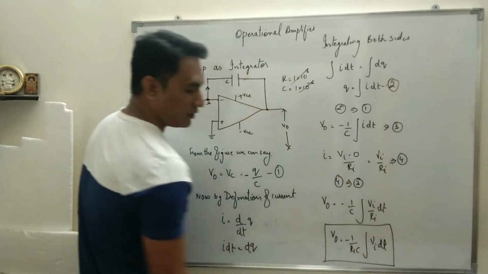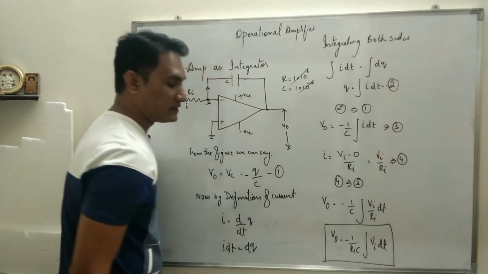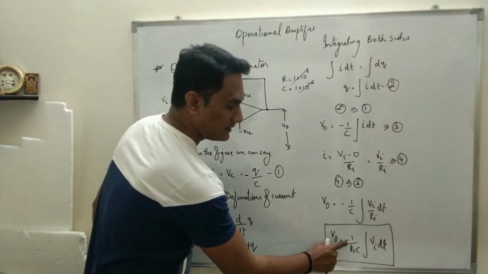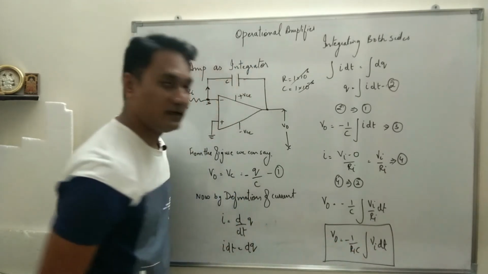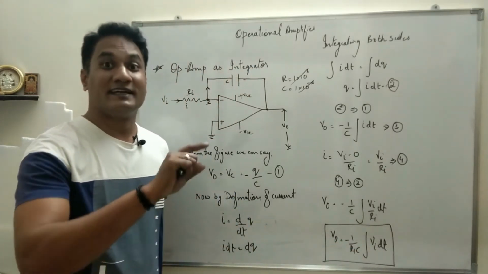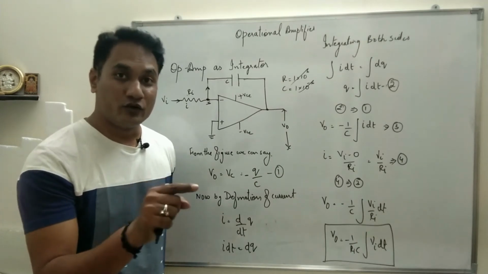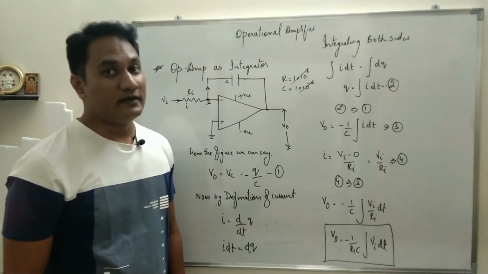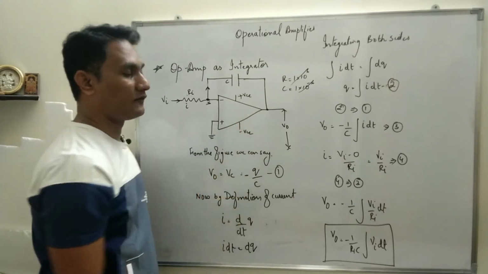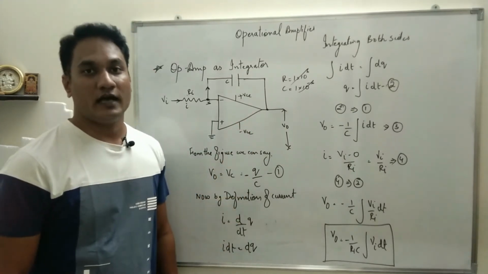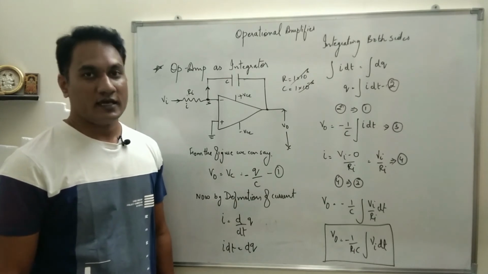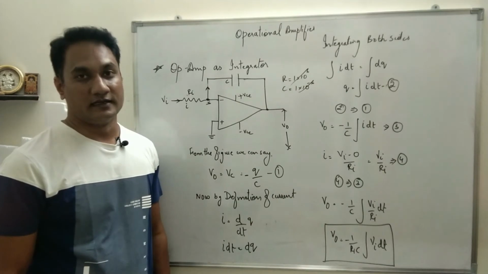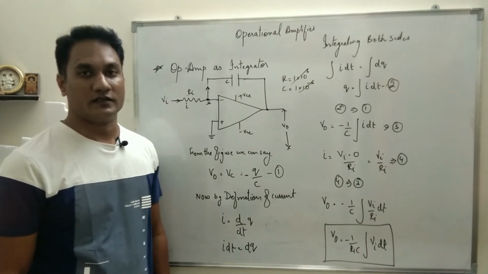So by selecting proper values of R and C, I can make sure that the value becomes 1, and if that is 1, V0 is minus integration of Vi dt. That means output is the time integral of input voltage, and this negative sign indicates that there is a phase shift of 180 degrees between input and output. That is how we can use op-amp as integrator. I hope you have understood.